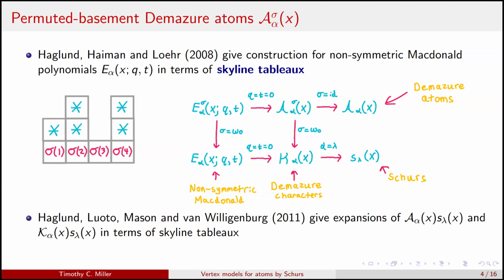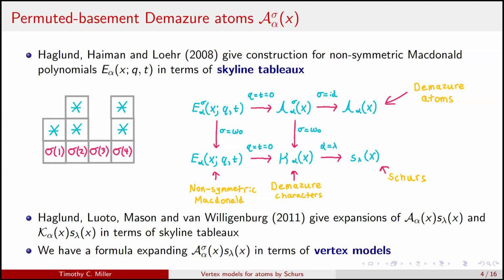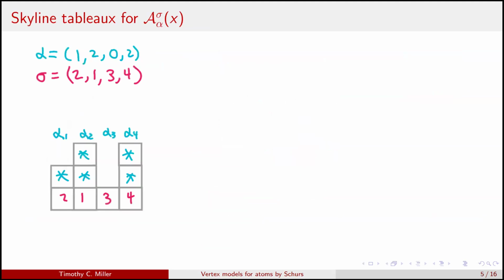Haglund, Luoto, Mason, and van Willigenburg give expansions for characters and atoms in terms of skyline tableaux. But we now have a more general formula in terms of vertex models, which we'll get to in a bit.